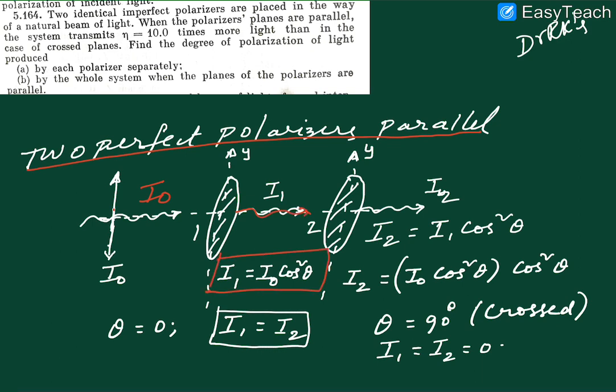Again, the intensity of light transmitted by the second one, I2, is equal to I1 cos square theta. Then we can write I2 is equal to I naught cos square theta into cos square theta. So if theta is 0, I1 is equal to I2, and if theta is equal to 90, the transmitted light is 0, no light.